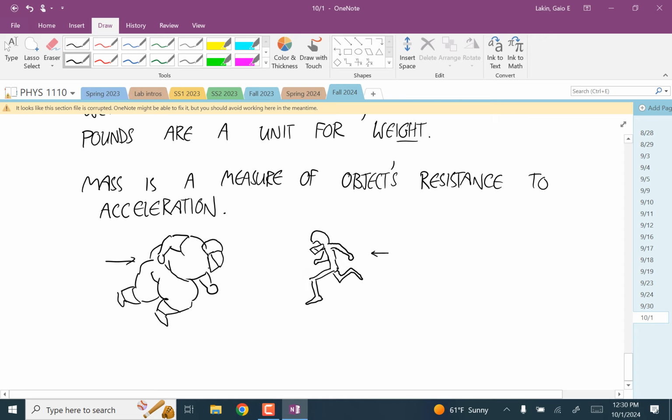Okay, so what's going to happen when those two collide? The big guy is going to have a very small acceleration from this collision. In fact, if he has his eyes closed when this collision happens, he might not even notice that they collide. You know what I mean?